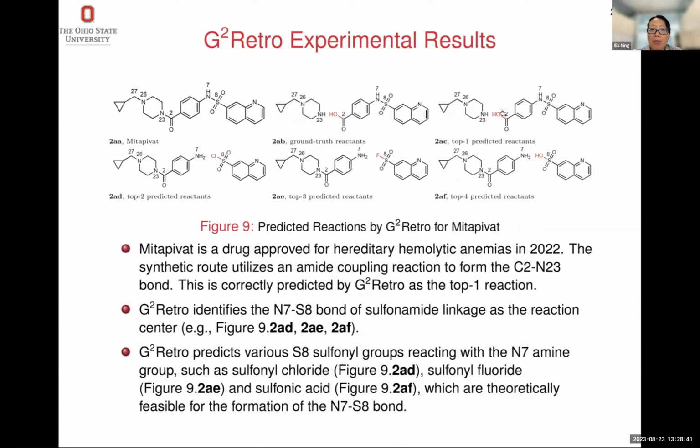This is our top one prediction. But at the same time, our method can also identify other possible reactions for this same drug. And our collaborator, who is a chemist, said these three different reactions are also theoretically feasible to make this molecule.